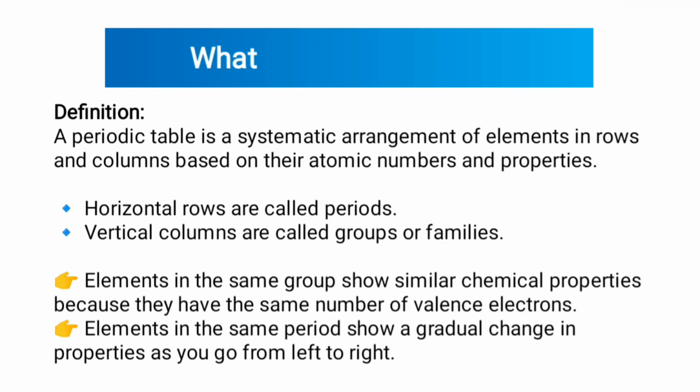Now, what is a periodic table? My dear student, a periodic table is a systematic arrangement of elements in rows and columns based on their atomic numbers and properties. My dear student, let's look at the structure.